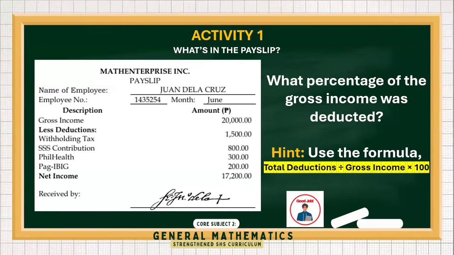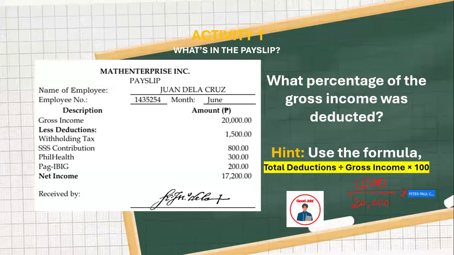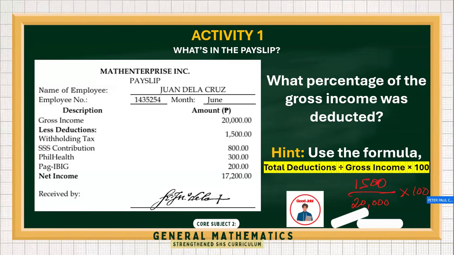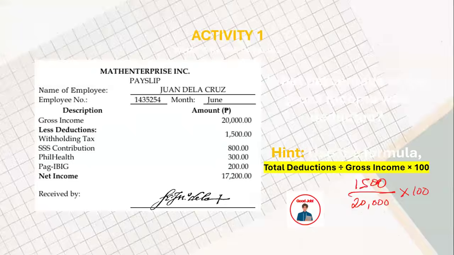So that's 1,500 divided by 20,000 times 100. So using your scientific calculator, that would be 7.5% of his gross income was deducted. So that's 7.5%. While the remaining 92.5% of his salary is his net pay.